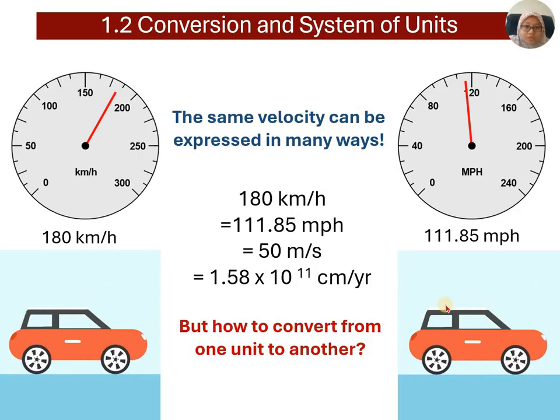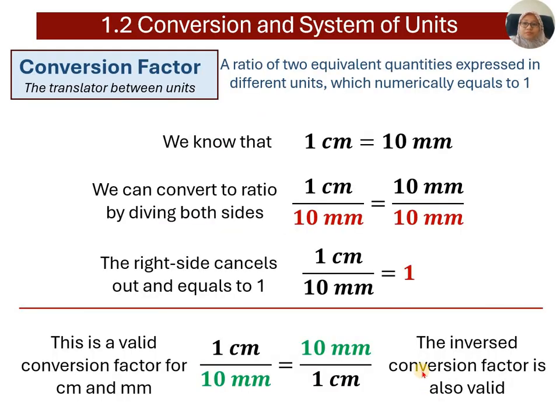So how do we convert one unit to another? We use a conversion factor. It is like a translator between units. A conversion factor is a ratio of two equivalent quantities expressed in different units, which numerically equals 1.